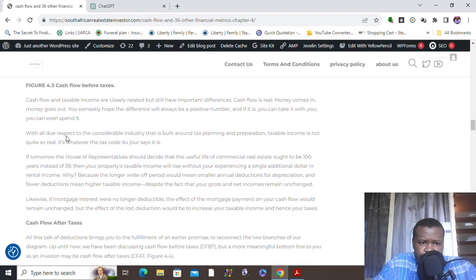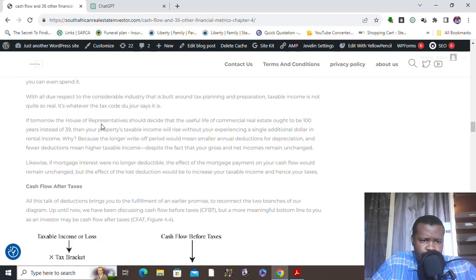With all due respect to the considerable industry that is built around tax planning and preparation, taxable income is not quite so real. Whatever the tax code says, if tomorrow parliament should decide the useful life of commercial real estate is 100 years instead of 39 years, then your property's taxable income will rise without you experiencing a single additional rand in rental income.